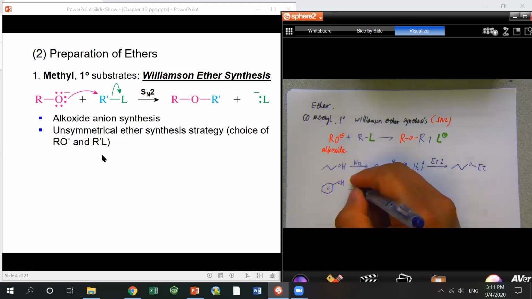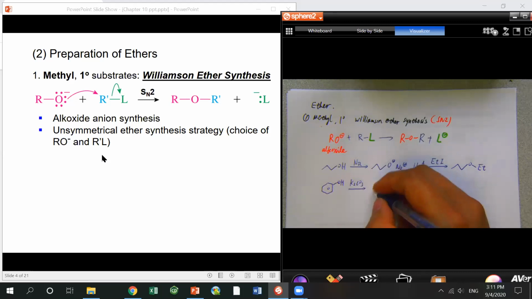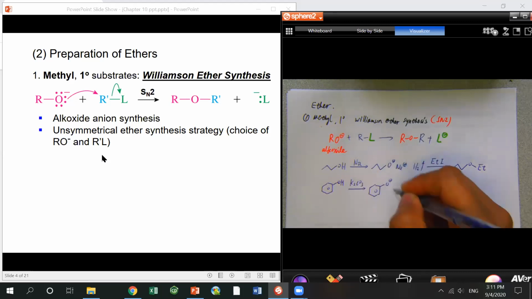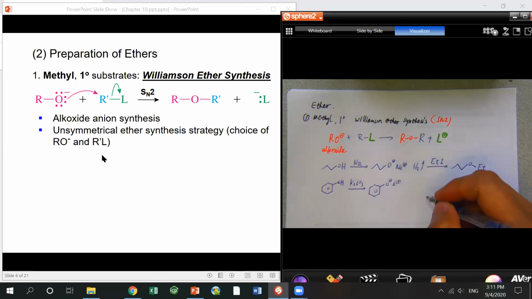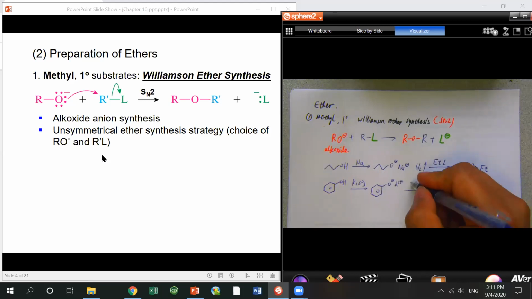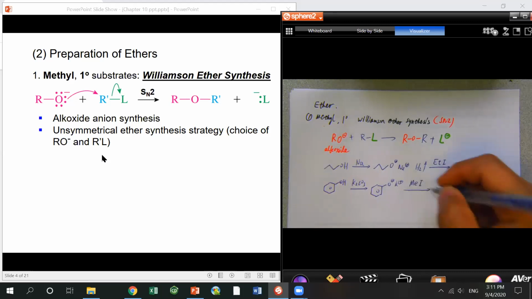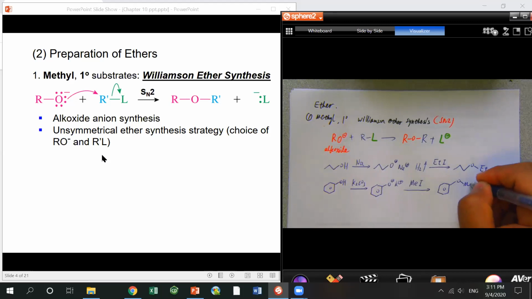In this case you can even use potassium carbonate to deprotonate it and generate the corresponding alkoxide. Then you apply a substrate. For example, we use methyl iodide, and after the SN2 reaction, the iodide is kicked off and you generate a methyl group here.